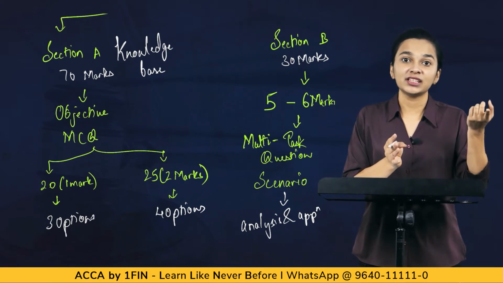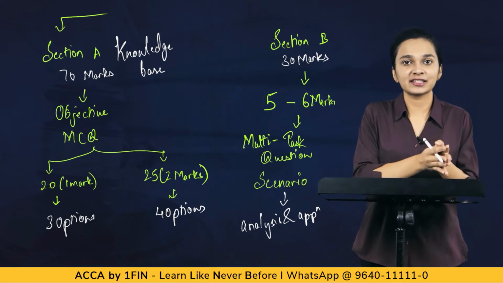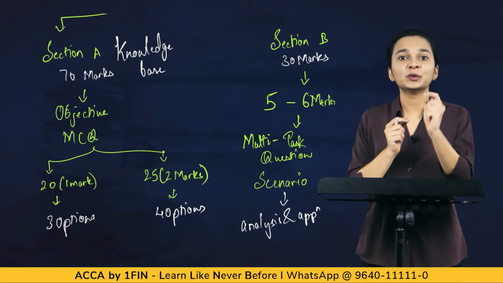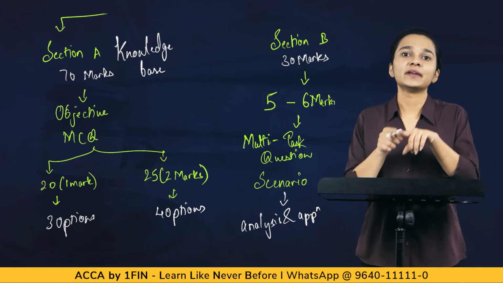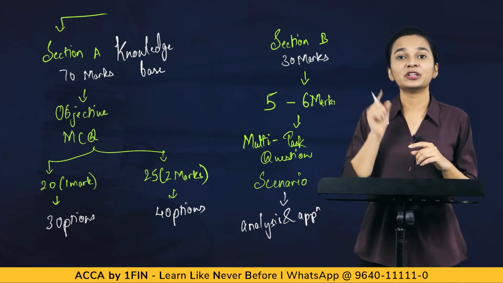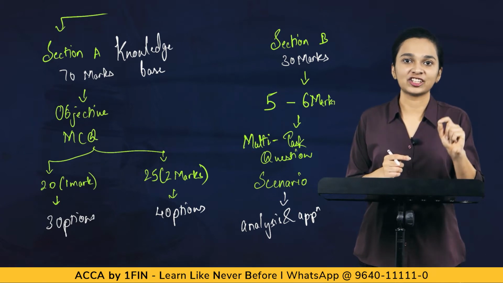However, section B comprises 5 questions of 6 marks each, multitask questions based on different scenarios. You will have to understand the scenario, analyze it and apply the correct provision. So section B will be testing your analysis and application. We've now understood the format of your examination and the paper pattern.